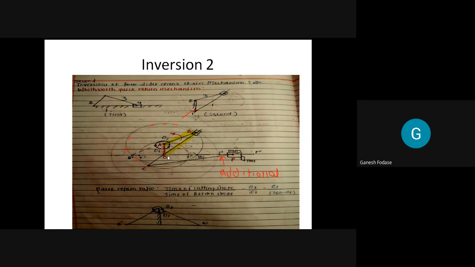You can see OB is extended up to C, and C will rotate about O. Actually, this BC link rotates about O. So C also and B also rotate about O. When I talk about link BC, the path of C is drawn by this second circle. You can see.